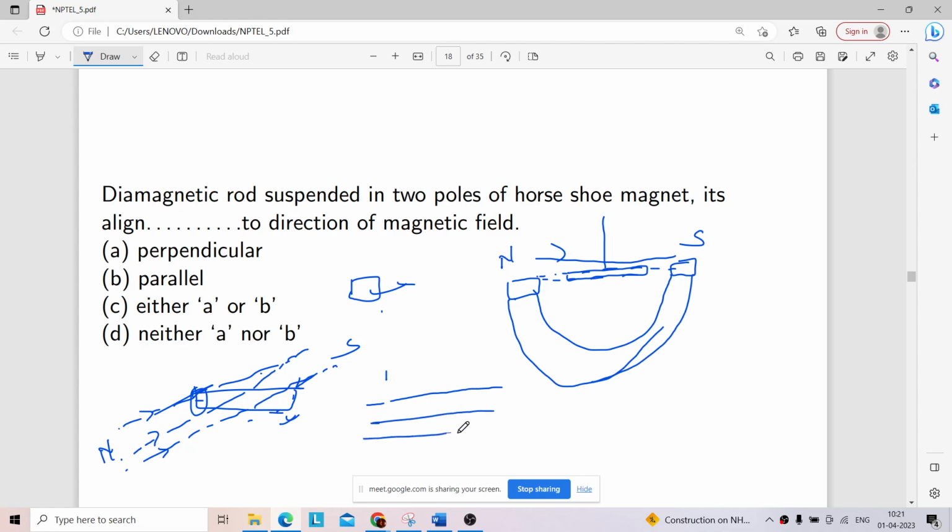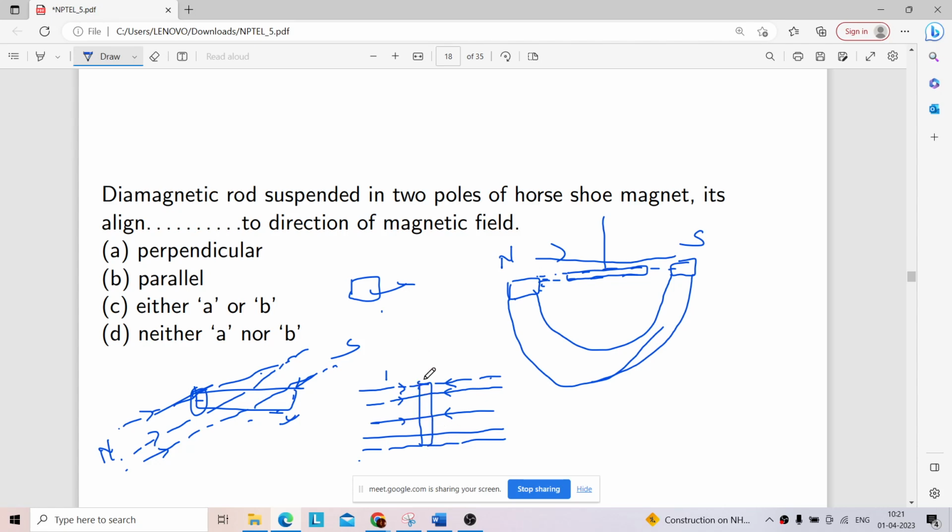So eventually, inside this magnetic field, the rod will be in this position, where on both sides the magnetic field is equally repelling this diamagnetic rod. So what is the answer then? This rod is perpendicular to the applied magnetic field. We are applying the magnetic field through this magnet on this diamagnetic rod.